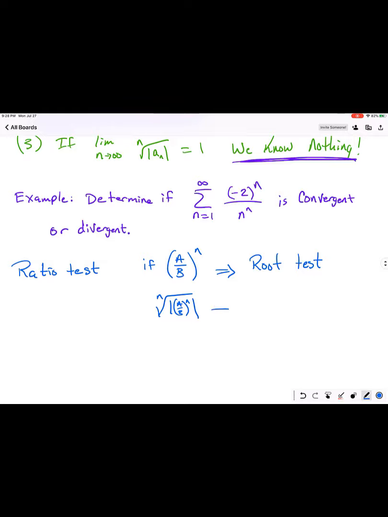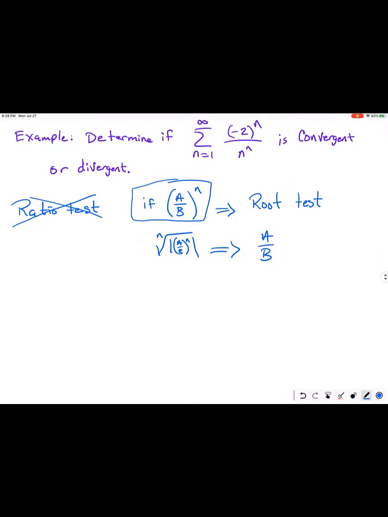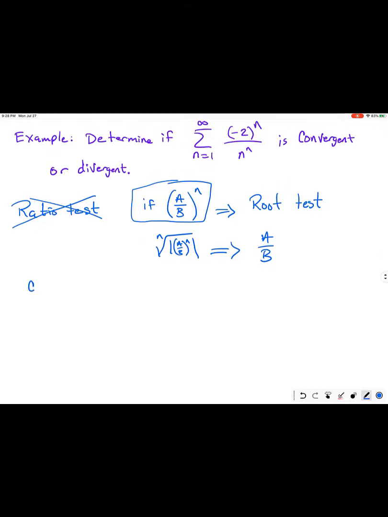Then the idea is that I'm wanting this to simplify to just the a over b. Okay, that's the sort of idea I'm thinking about. So often I abandon the ratio test if I can see right away that I'm in this situation of a over b raised to the n, and then I'm going to use the root test.